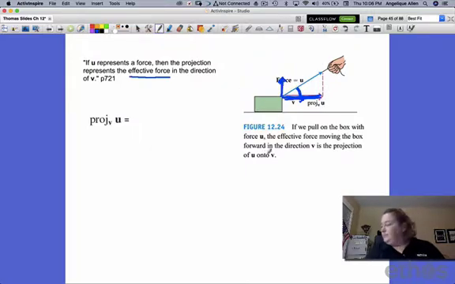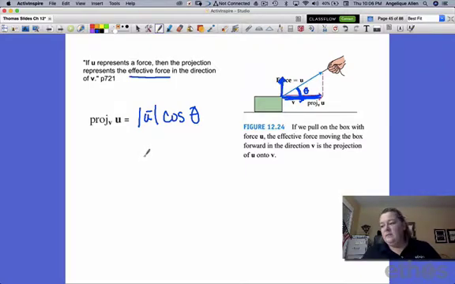So what did I have in mind to share with you there? So let's look at it this way. So we've got our projection, and U is our force, and the magnitude of U times the cosine of theta. This is our theta right here, okay?